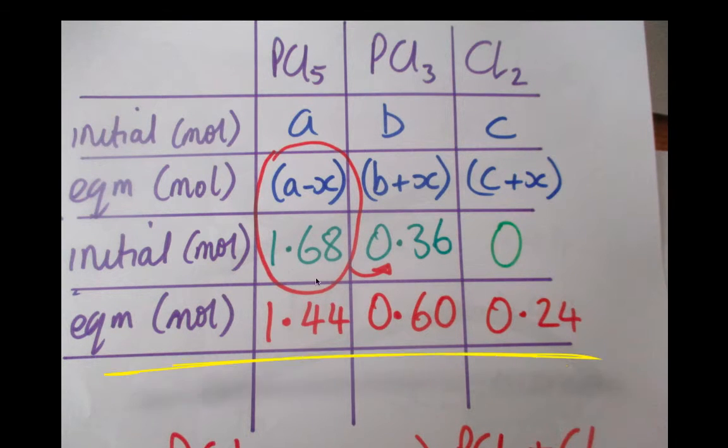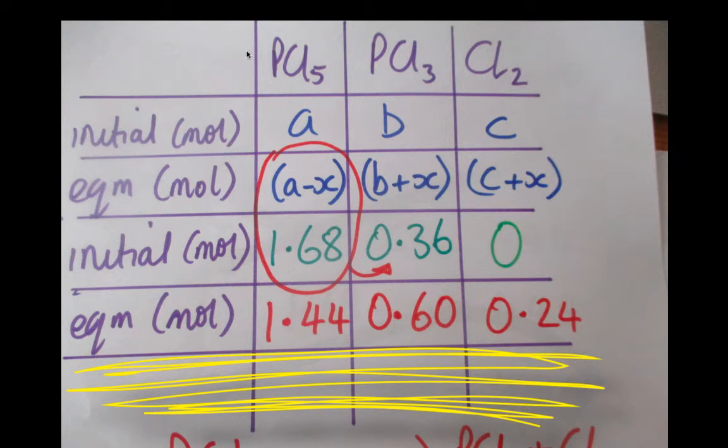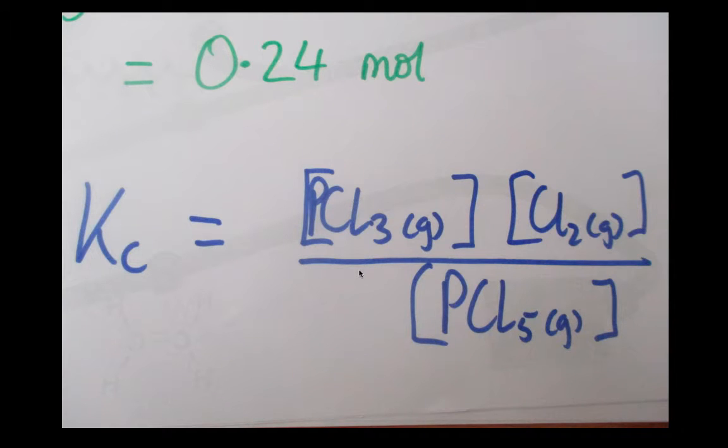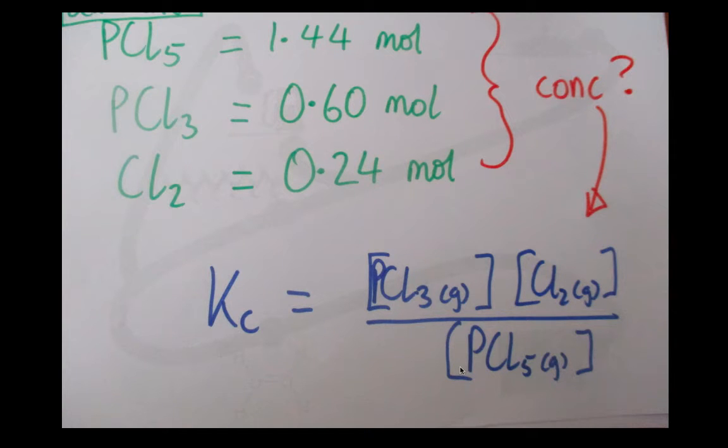So we now know our amount in moles of each of our products and reactant at equilibrium. These are our amounts, and remember this is an amount in moles. But remember, to get Kc, what we need is a concentration. Now we know the expression for Kc, we know that it's the concentration of the products over the reactants, but we need to work out what the concentration is.